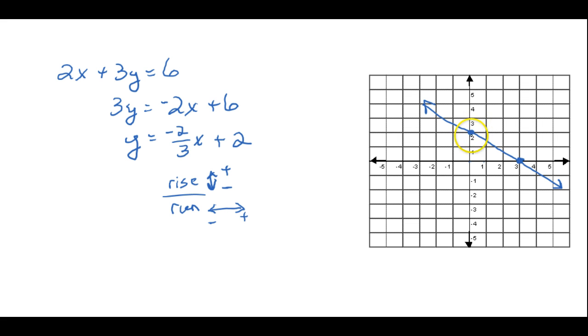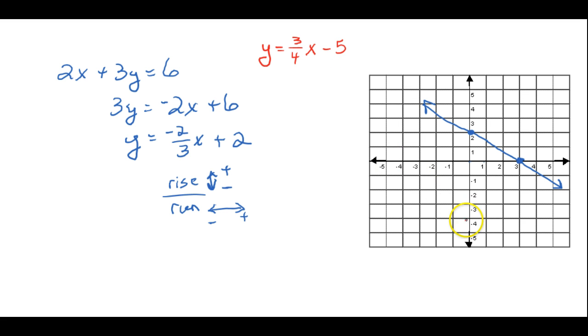Now, it is purely coincidence that these have both been on the x and y axis. I just didn't pick a good example of one where it's not. So let me do one very quickly. Let's say you had y equals, oh, I don't know, how about 3/4 x minus 5.